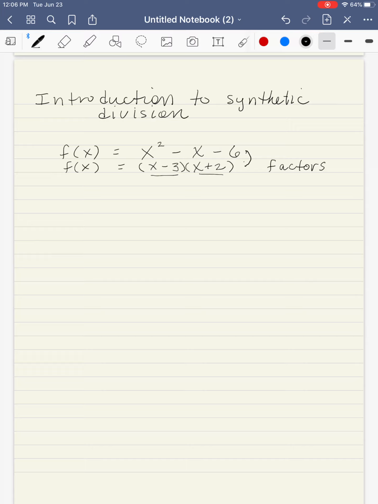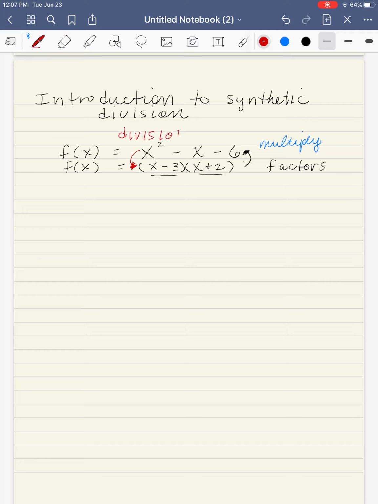When we're going from the factors to the polynomial, we are multiplying. We would literally multiply x minus 3 times x plus 2 to get x squared minus x minus 6.